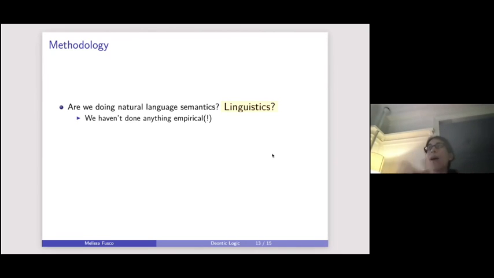We're asking how a natural language sentence, say in English, matches up to the well understood truth conditions of this modal formula in this class of models? And in this talk, we certainly haven't done anything empirical in the way that linguistics would investigate this. We haven't seen whether different natural languages of the world vary with the intuitions native speakers have about sentences that one might formalize this way.